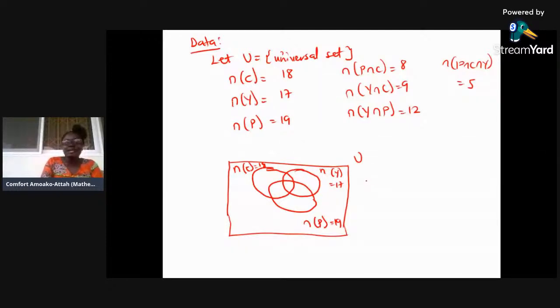Okay, now we have all three intersections to be 5. Then the number of women who sell plantain and corn, that will be the intersection, to be 8. Plantain, yam and corn, to be 9.